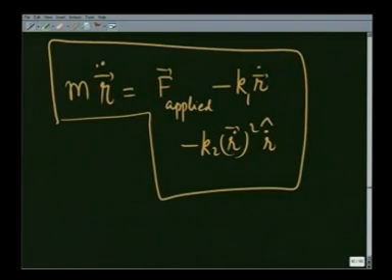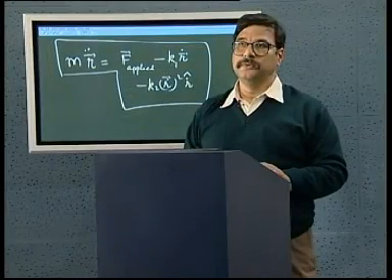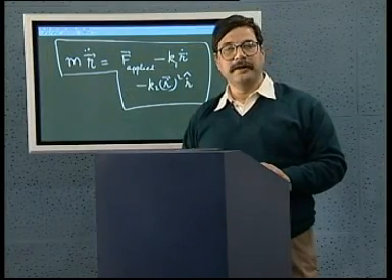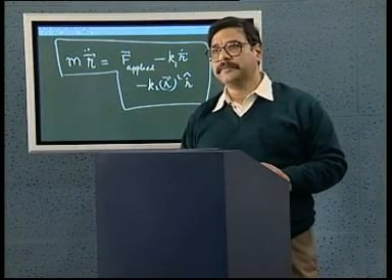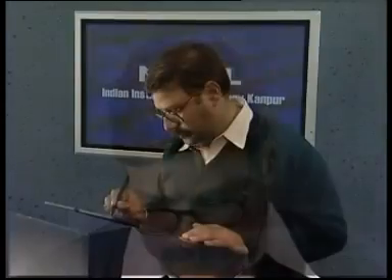In most of the cases you have to apply numerical methods to get the final solution. However, there are some cases where you can apply some techniques and get solutions. I will solve one example to illustrate this, and that would complete our lecture on drag forces.